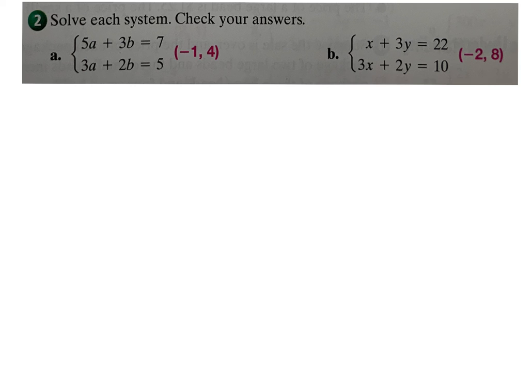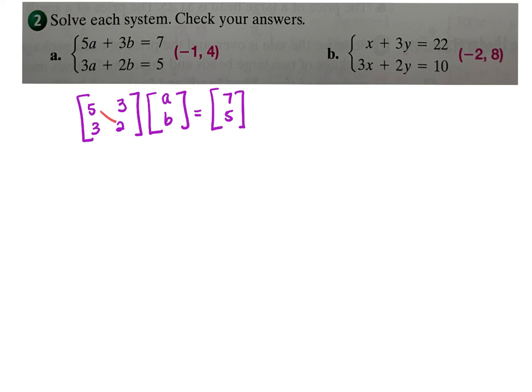All right, let's look at the first one. So you should have set up your coefficient matrix 5, 3, 3, 2, variable matrix, and your constant matrix. Then you're going to find your determinant. 5 times 2 is 10. 3 times 3 is 9. So they were nice. Gave us an easy determinant of 1.